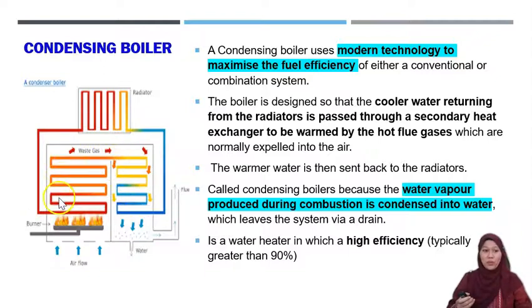When the preheated water reaches this part, it already has a higher temperature, so the process of heating up the hot water here will take less time. And it will produce condensate, and the condensate water needs to be drained out from this side.